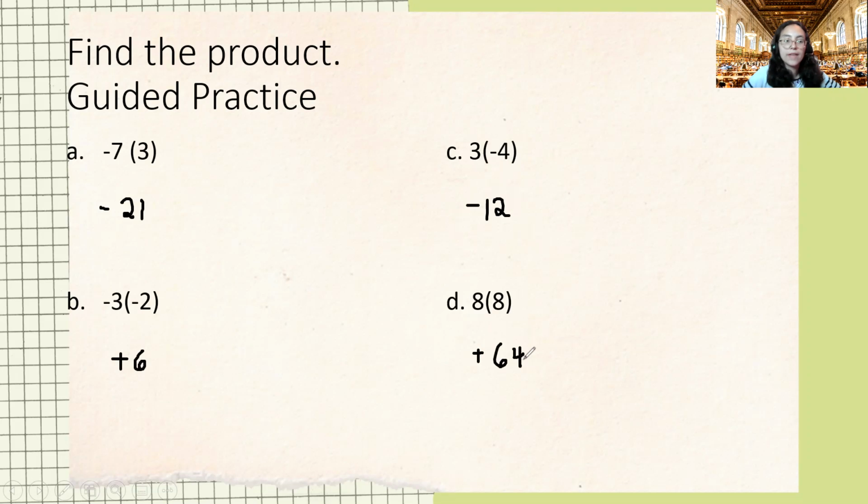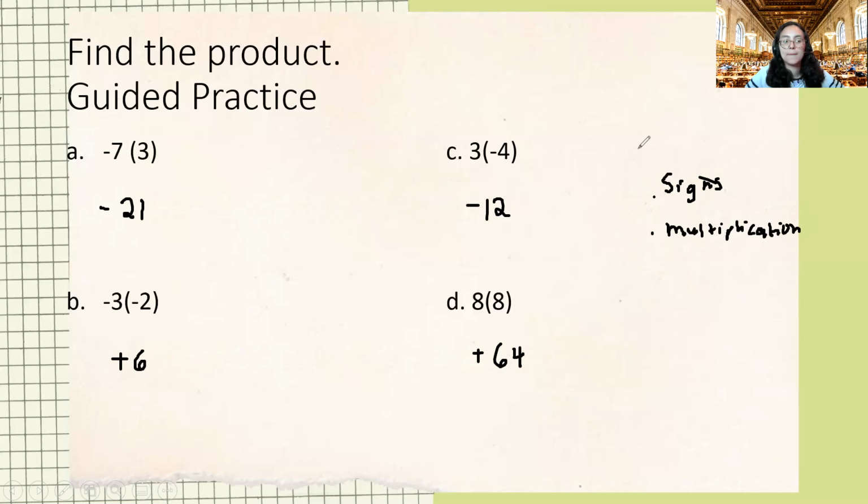Hopefully you got all that. I know that you did. But if you have any questions, I always encourage you to try to find where your point of confusion is. Is it the signs? Is it the multiplication? Is it just using all of these together?